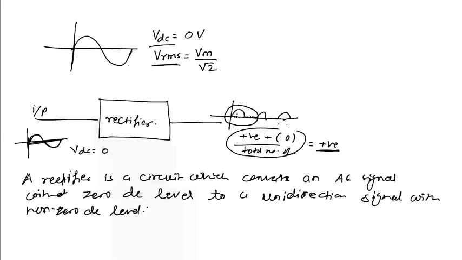AC will be bidirectional. So a rectifier will convert a bidirectional signal with 0 DC level to a unidirectional signal with non-zero DC level.